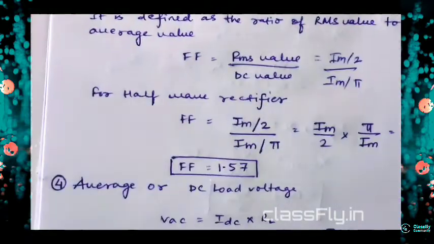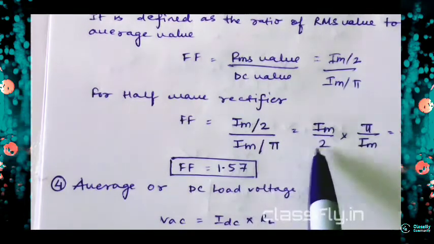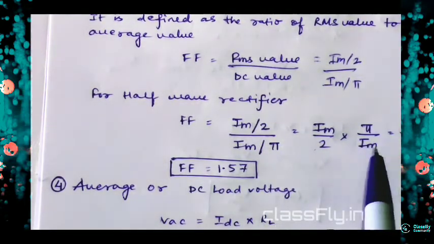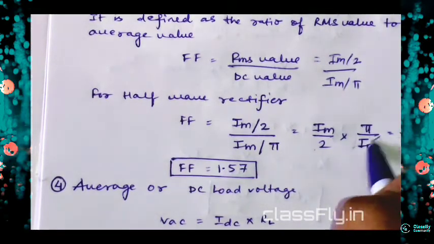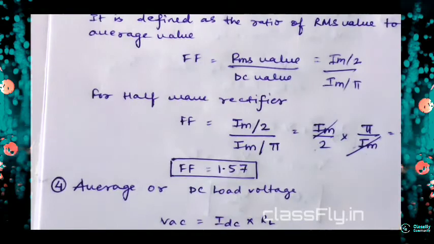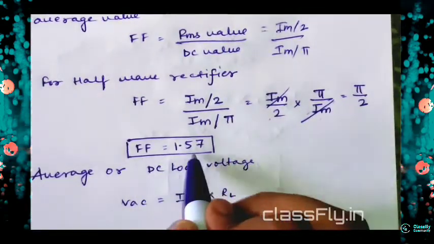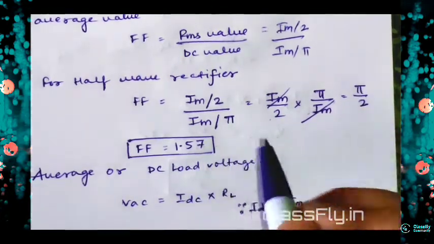So we write Im by 2 divided by Im by pi. Taking the pi up and the Im down, Im and Im get cut, so we get pi by 2. So our form factor is equal to 1.57. Whenever we solve pi by 2, we get 1.57.